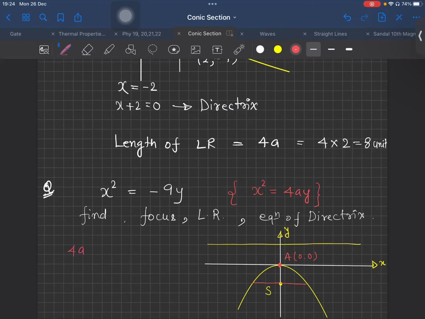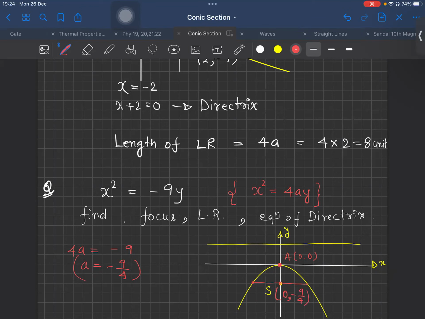So 4a is equal to minus 9. So a will be equal to minus 9 by 4. So you have got the focus: 0, comma, minus 9 by 4.